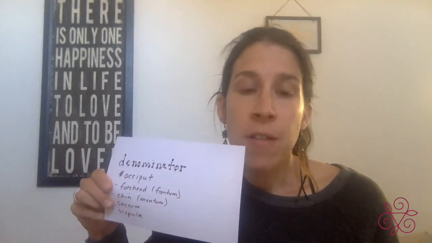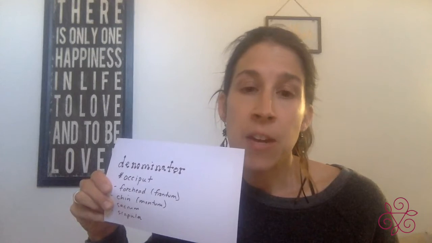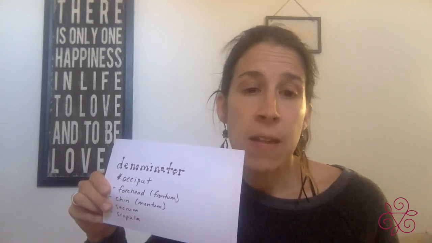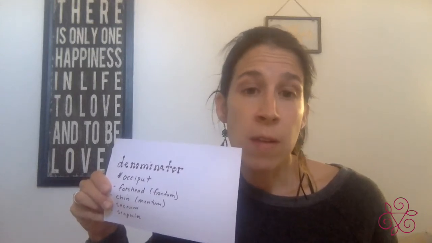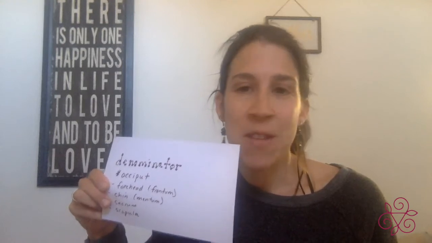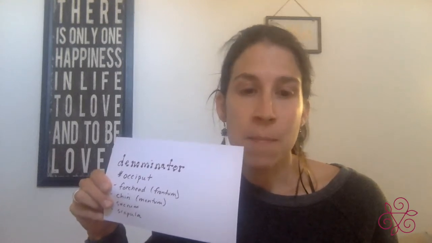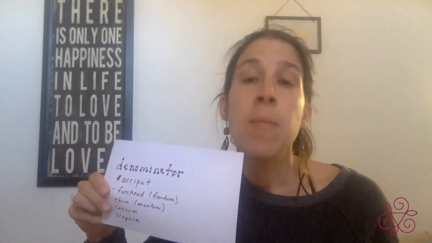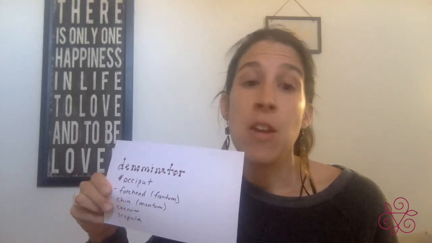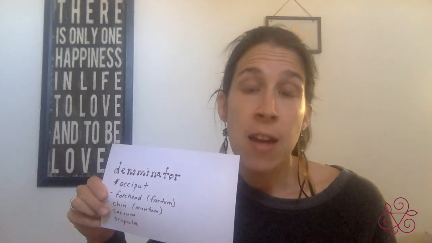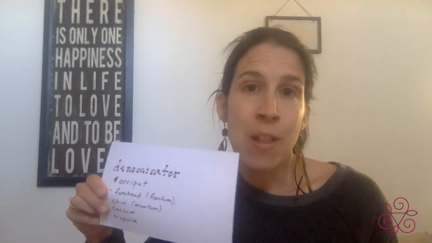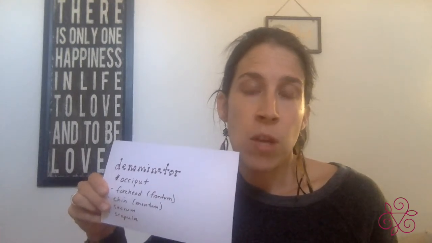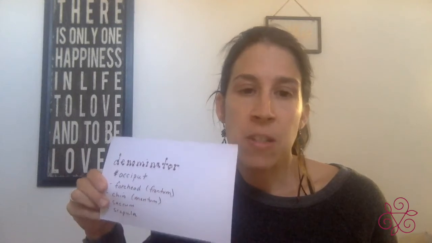But there are other things that can act as the denominator depending on how the baby's situated in there. So the forehead is one, and the formal name for that is the frontum. And as I was describing attitude, if the baby is deflexed, then you can potentially have a forehead presenting, and that would be the lowest denominator. That would be what you would use to describe that baby's position.